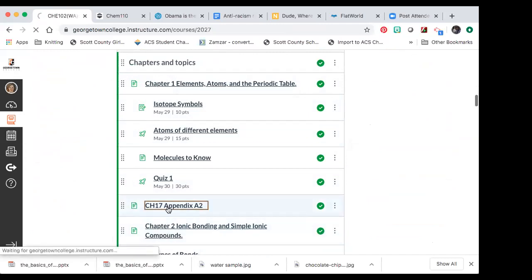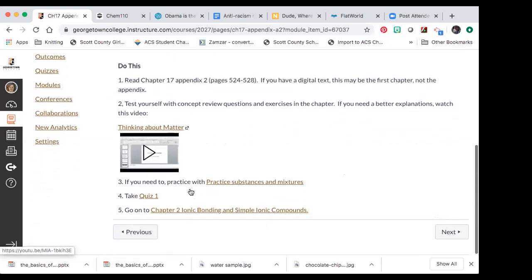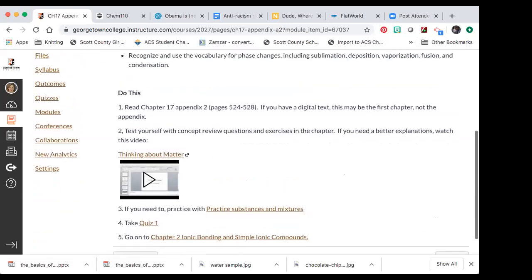If you click on this, it really is just going through compounds versus elements and mixtures. I have a little mini lecture, about 20 minutes, talking about the differences. So if that's something that you struggle with, you can watch that and it will hopefully explain it better. If you need that little extra boost on anything, just shoot me an email and that will let me know that I need to add something on that.